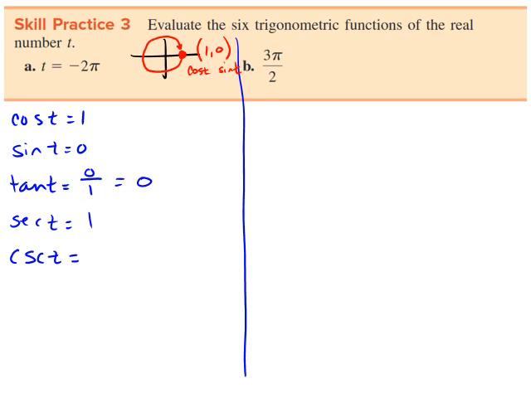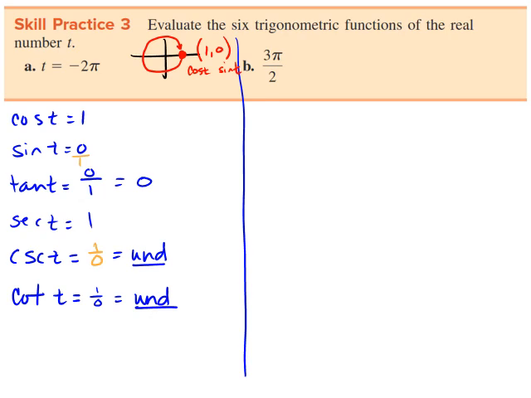Well, sine is 0 over 1, so I can write this as 1 over 0. Anything over 0 is undefined. So cosecant is undefined. Similarly, cotangent is the reciprocal of tangent, which is also 1 over 0, or undefined. And that's all I mean.